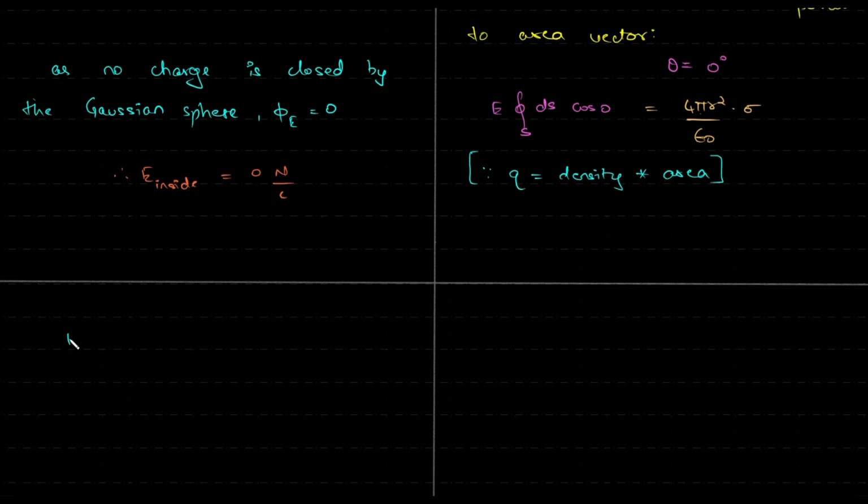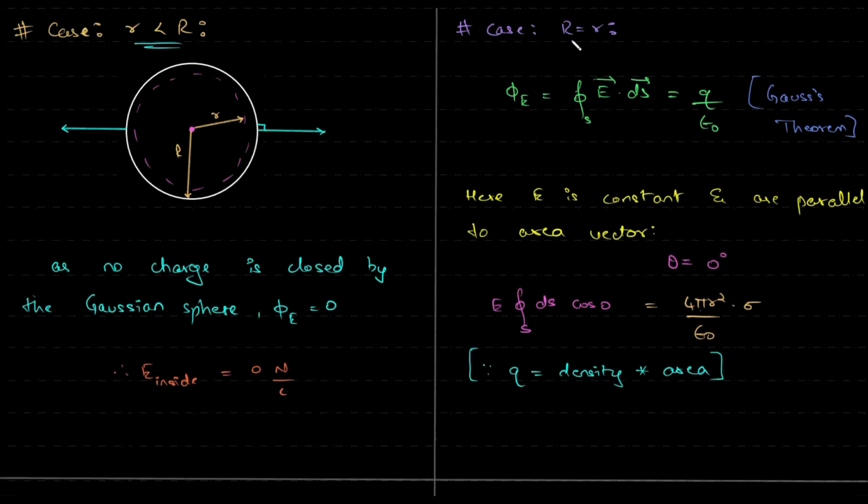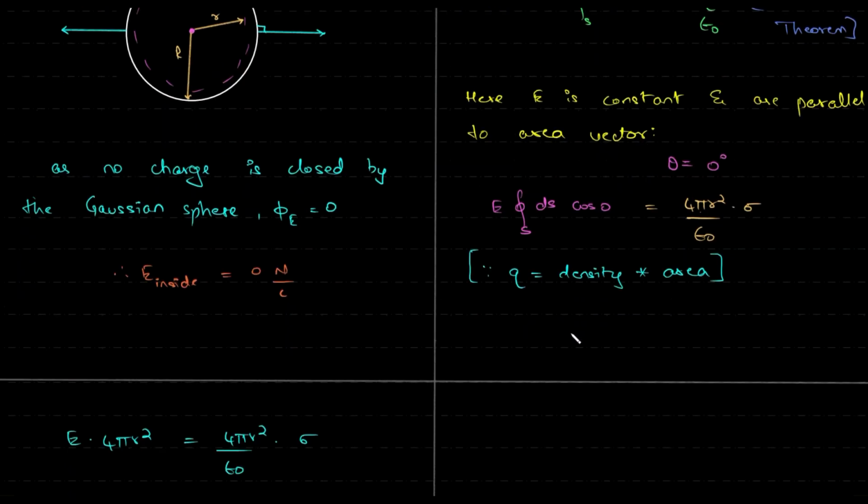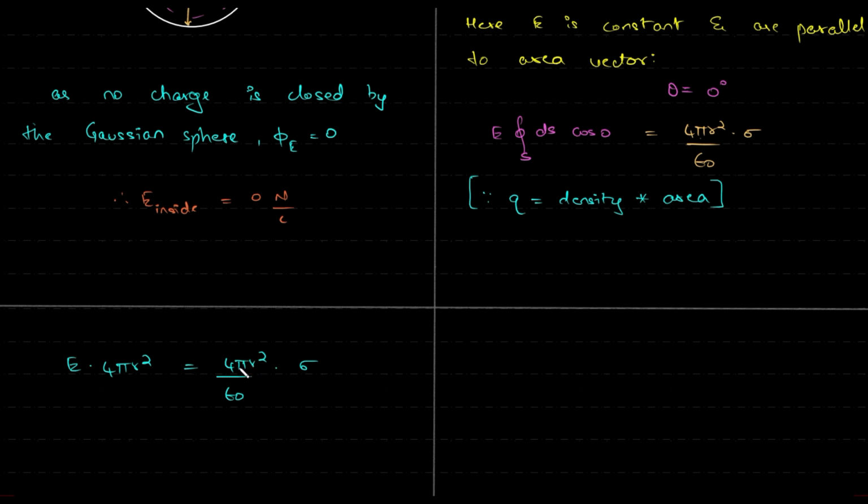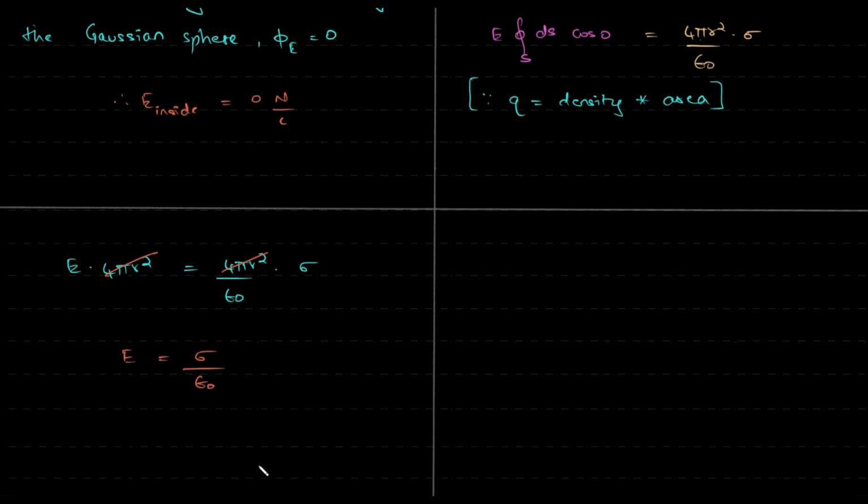So your LHS is E, and the surface over here is again 4 pi r square. This is equal to 4 pi r square sigma divided by epsilon naught. The capital R and small r are one and the same, so I'm not bothering with which variable I am using. So this and this will get cancelled, and this behaves as if it's independent of distance. Actually, it is, since we are on the surface.